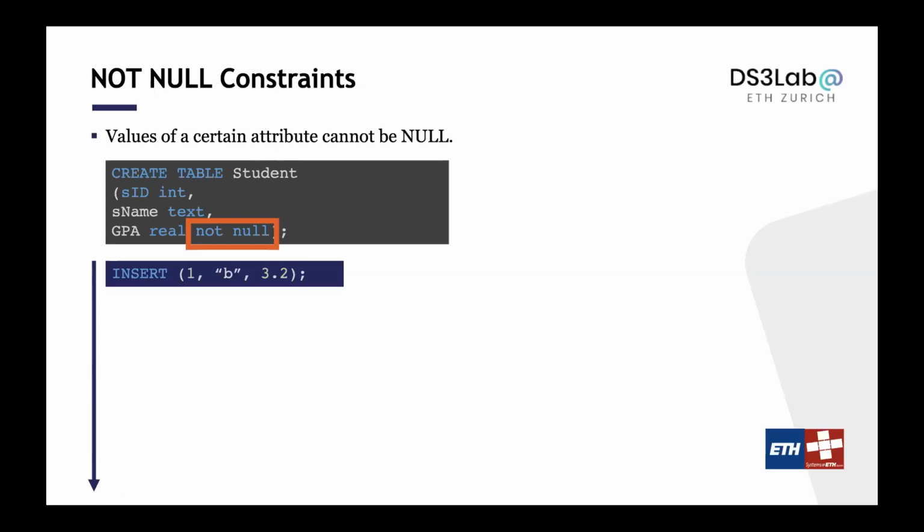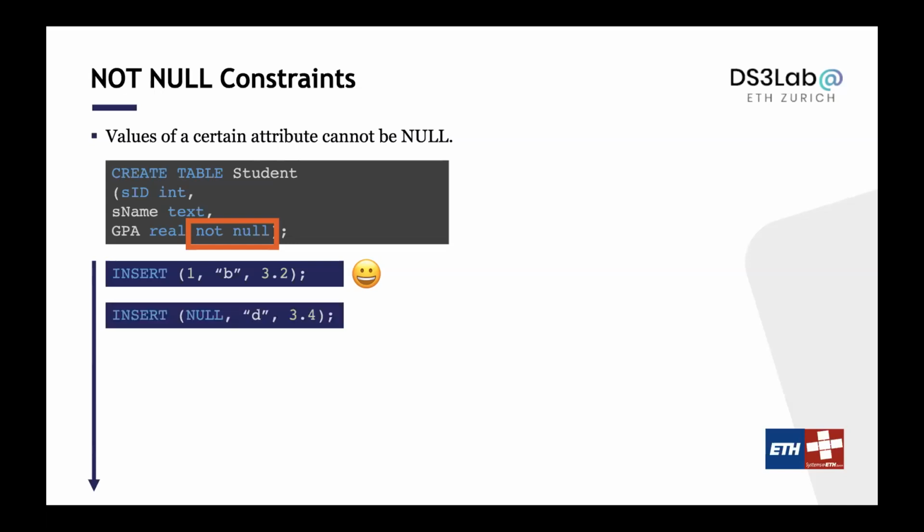It's actually okay, because whenever you're inserting this, the database is going to check whether the value 3.2 is null or not. If that value is null, the database is going to throw an error because you have the not null constraint on the GPA column. Otherwise, the database is going to be happy and just run this query for you. So after you run this query, you will end up with a relation with one tuple. The insertion will succeed.